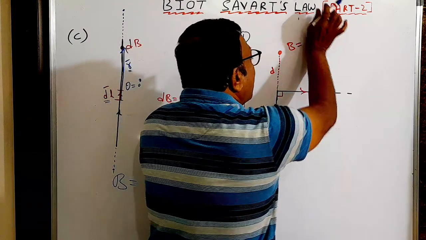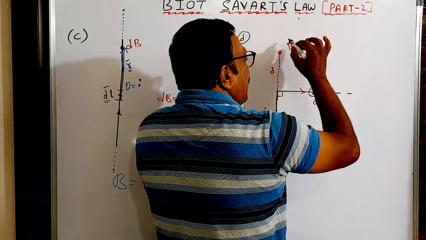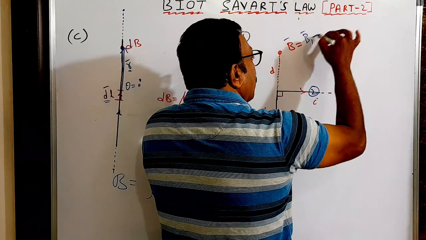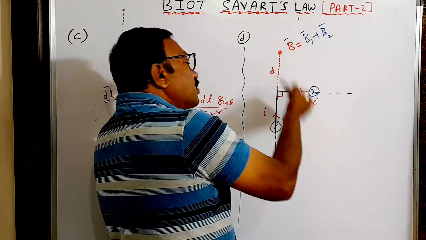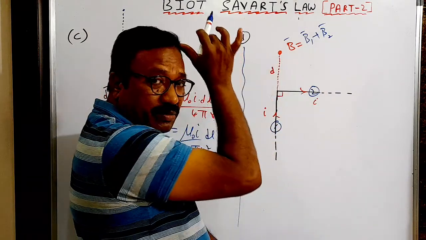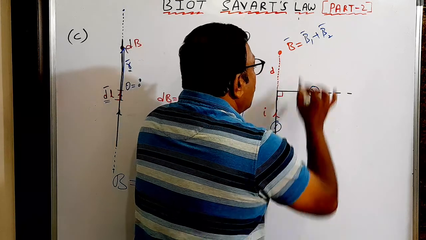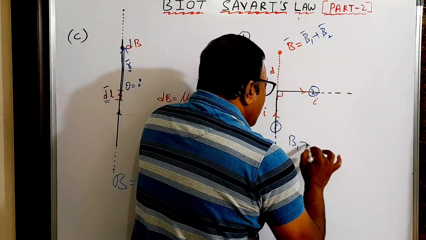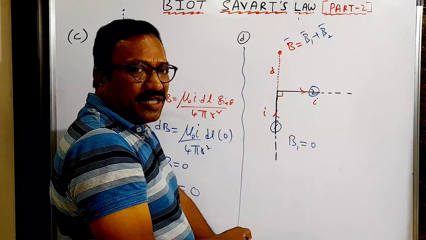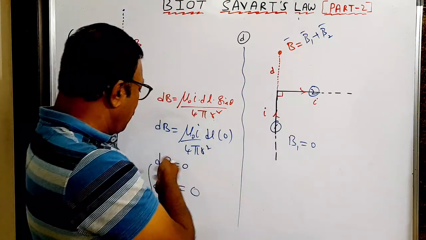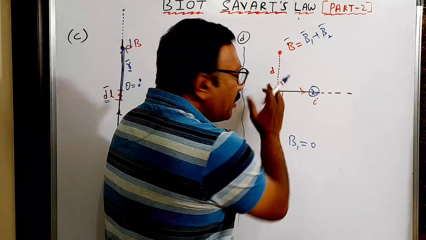So at this point, B is equal to the sum of the field produced by the first wire plus the field produced by the second wire. But already I am saying that B1 is 0 because this point is on the line of the wire, this concept. So this part you can omit now.